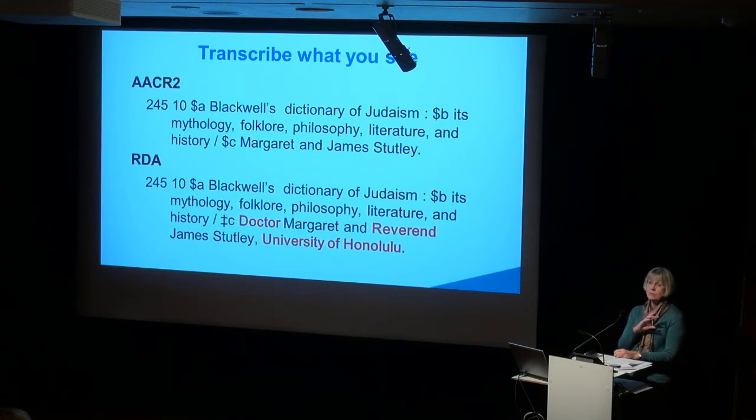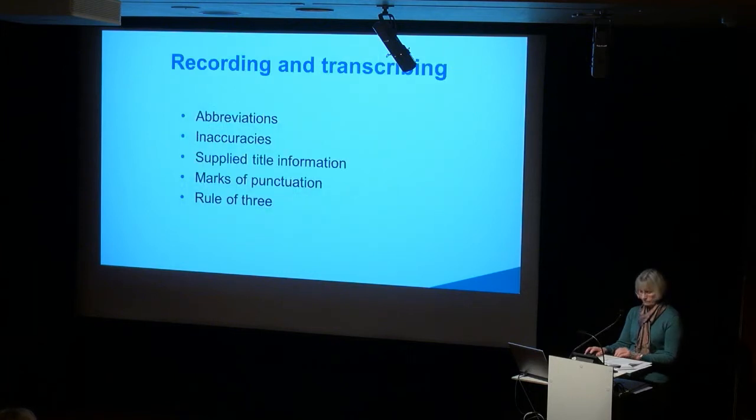If that's in the statement of responsibility, you put it in. So abbreviations, inaccuracies will also become part of your records now. We no longer supply extra title information because that's not on the resource. If you want to supply extra information, you can add it as a note.